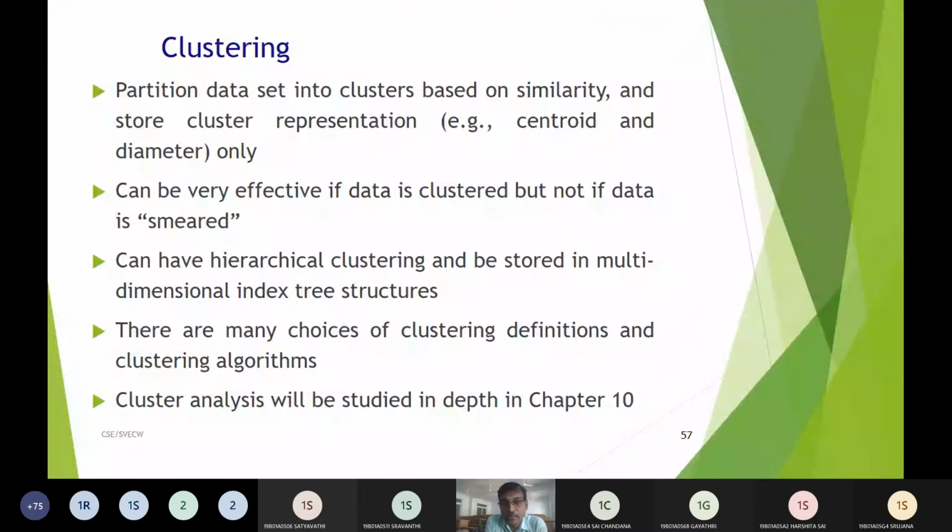The other technique we are going to show was clustering. In clustering, we are going to partition the data based on the similarities.